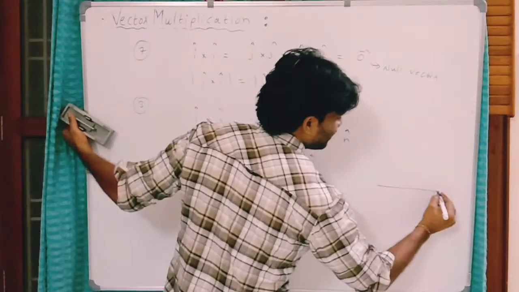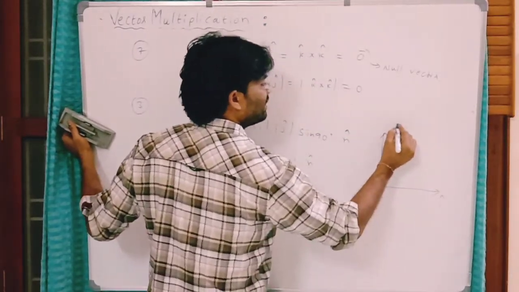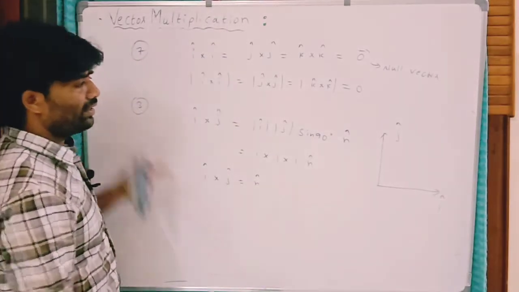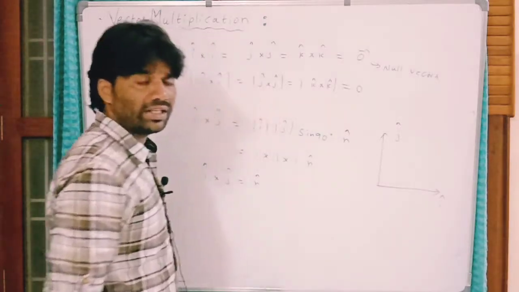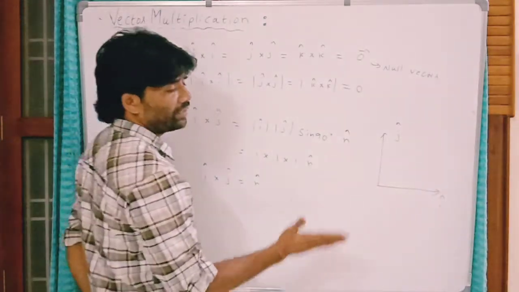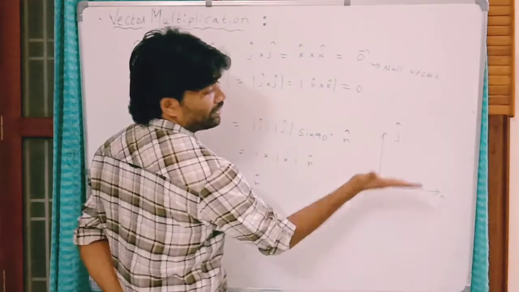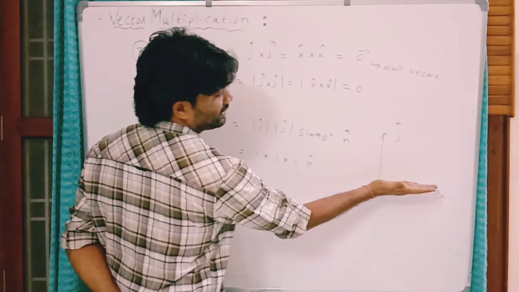Generally the I vector shows the direction of the positive x-axis, j cap shows the direction of the positive y-axis. To understand the direction of the cross product of two vectors, you can apply the right hand thumb rule. First keep your four fingers along the direction of I cap, close them towards the second vector.